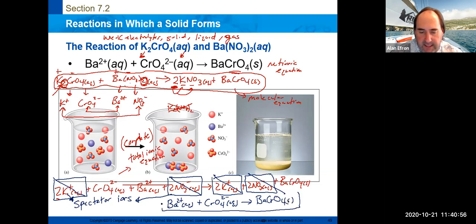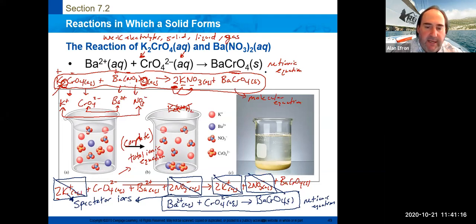And this equation here is what I wrote up on top. This is what is known as the net ionic equation.